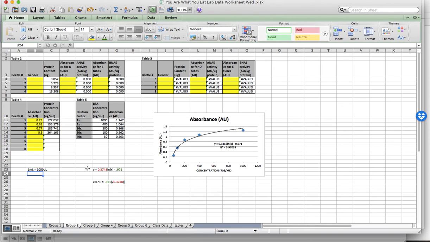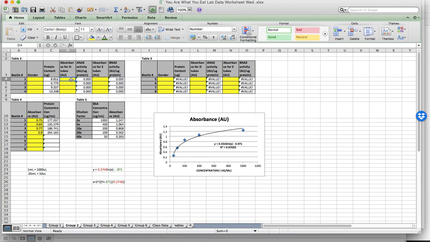So if we want to get 50 microliters, it would be 0.05 milliliters is equal to 50 microliters. So just make sure you know your conversions. So we want to multiply the concentration by 0.05 milliliters. That would give us the amount of protein in 50 microliters of our sample.